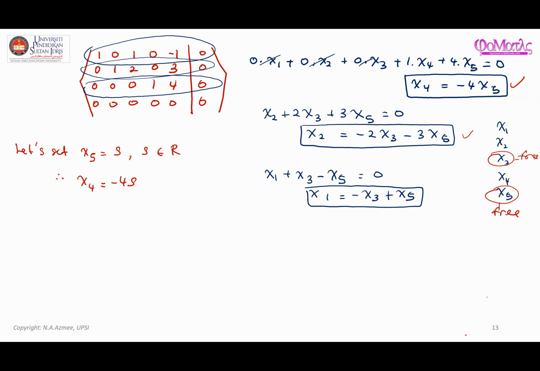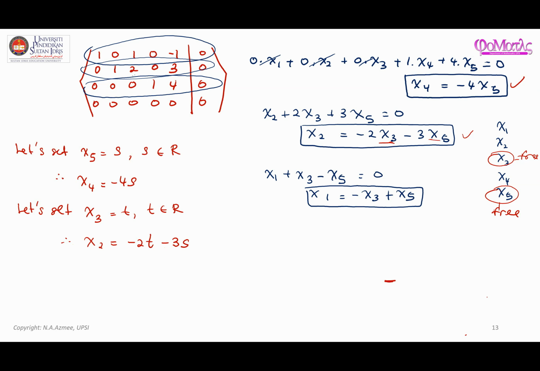So let's set x3 equal to t, and that t is also a real number. So based on that, x2 is negative 2t negative 3s. So that is x2.